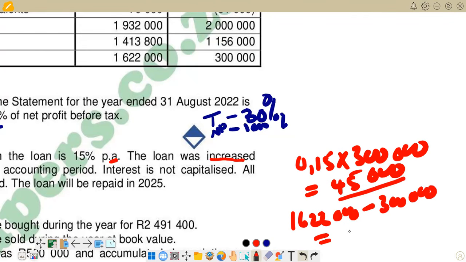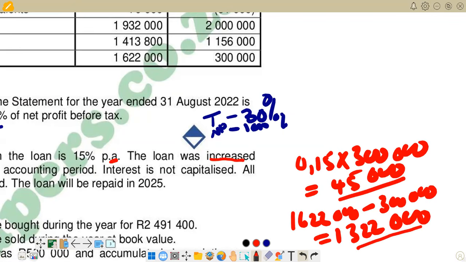So we say 1,622,000 minus 300,000, then we are going to get 1,322,000. So that's what we have. This is the loan that was introduced midway through the year.